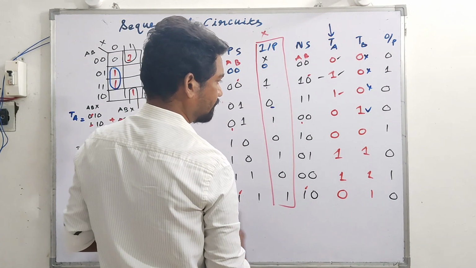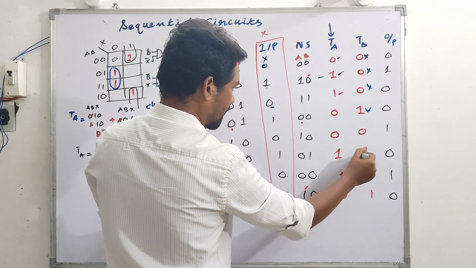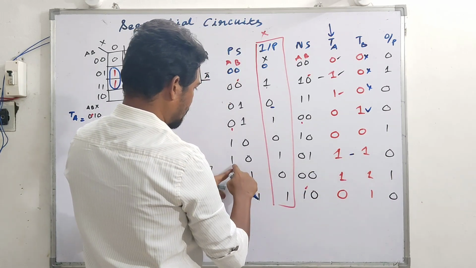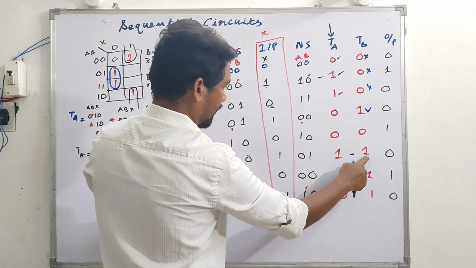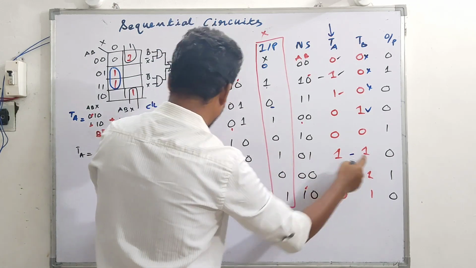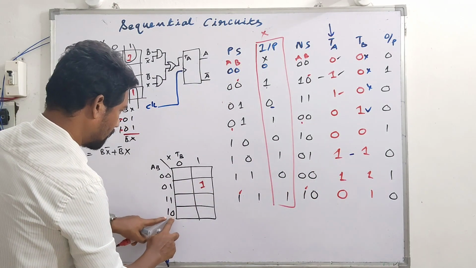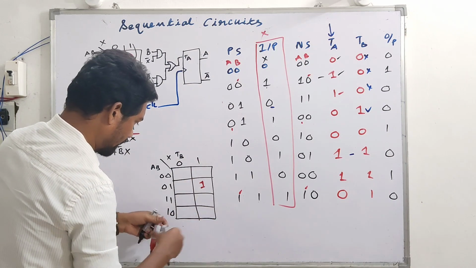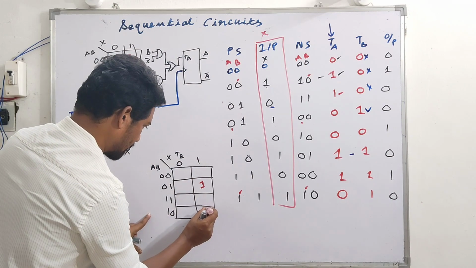And the other one, we have this one over here. All right, 1 0 1, we have a 1 over here.